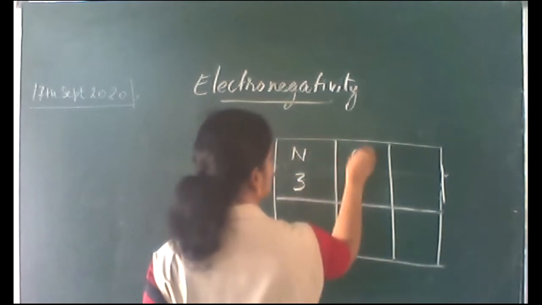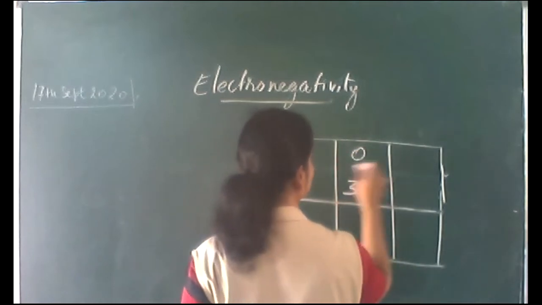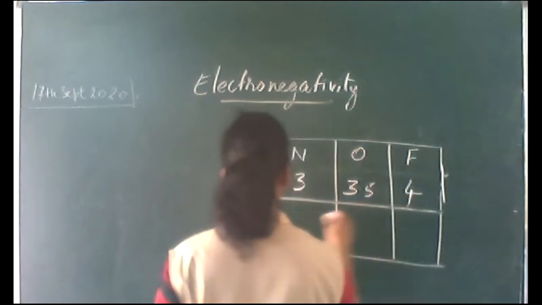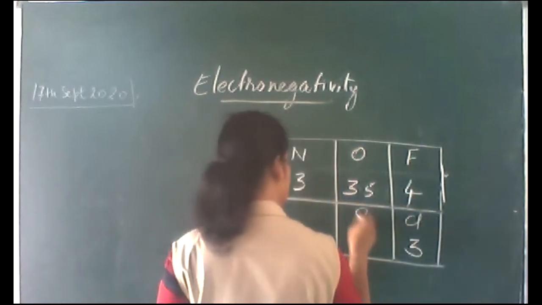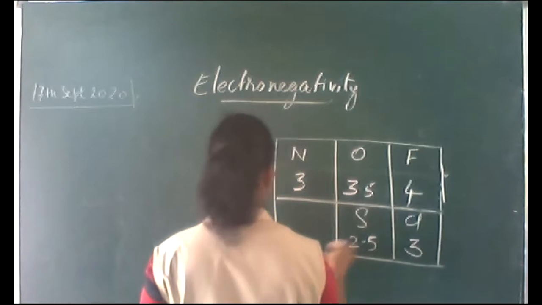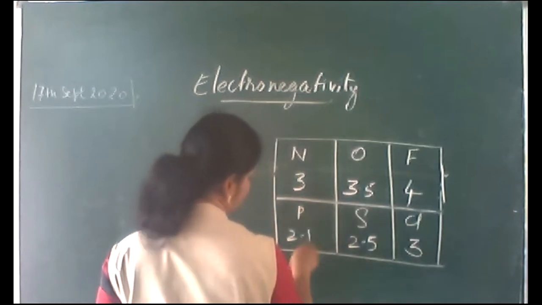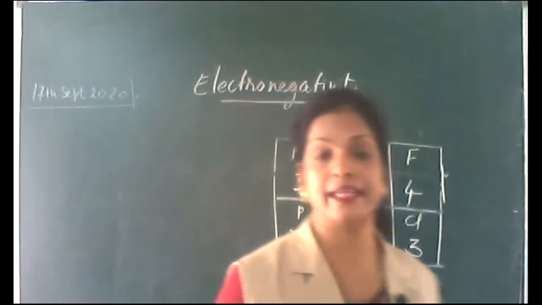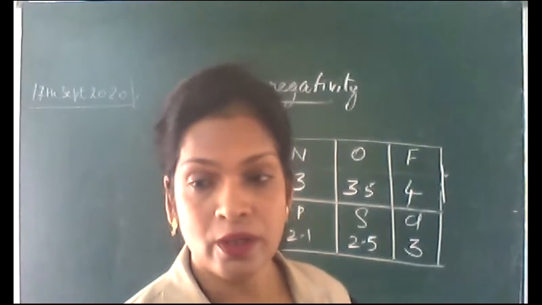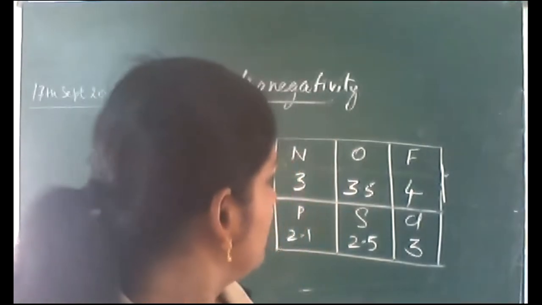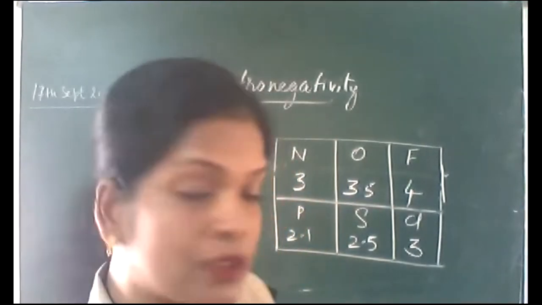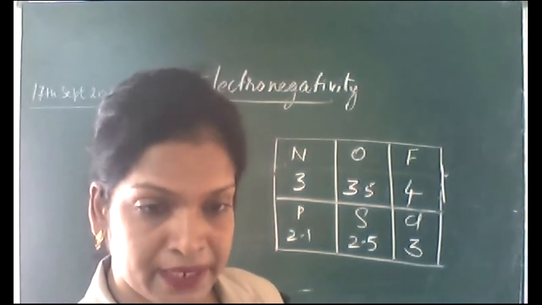Nitrogen 3, oxygen 3.5, fluorine 4, then chlorine 3, sulfur 2.5, and phosphorus 2.1. See, these are the electronegativity values for some of the elements. So, see, nitrogen and chlorine both are having same electronegativity.